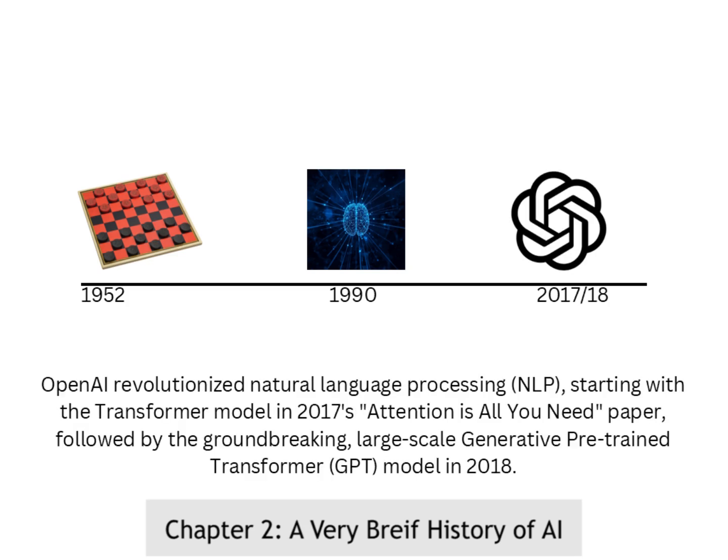Now you fast forward to around 2017, and this is where there's a really big breakthrough, this architecture called the transformer. This made it possible to train massive models on text from across the internet. And that led to GPT, the Generative Pre-trained Transformer. And that's the start of the language model revolution.